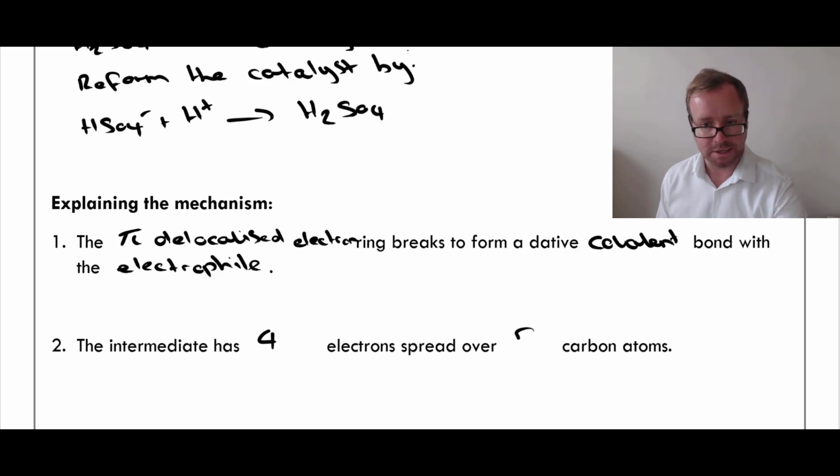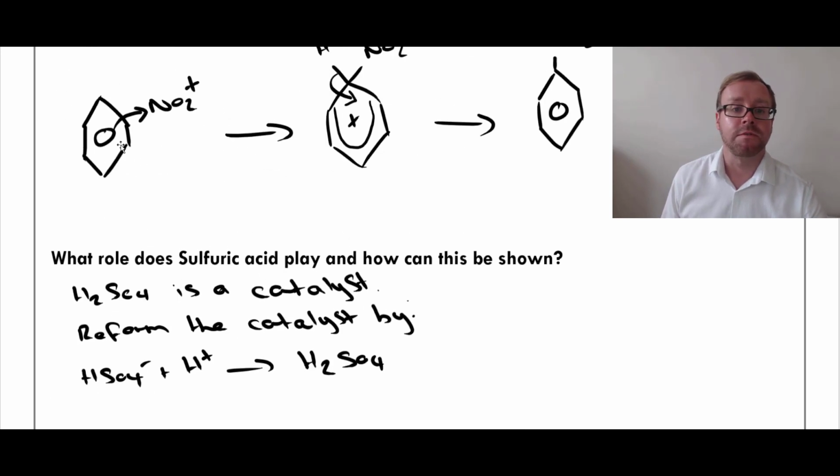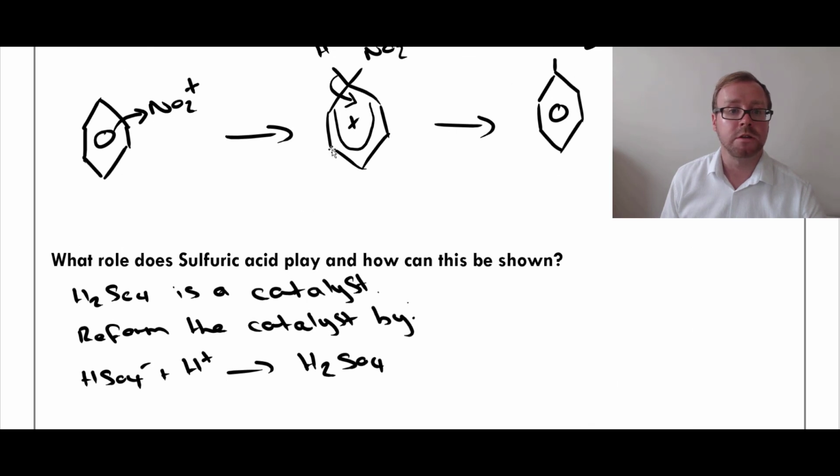Let's get it right. So it's spread over 5 carbon atoms. So 1, 2, 3, 4, 5. Which means that your partial pi delocalized electron system needs to be showing that it's covering these 5 carbon atoms here.